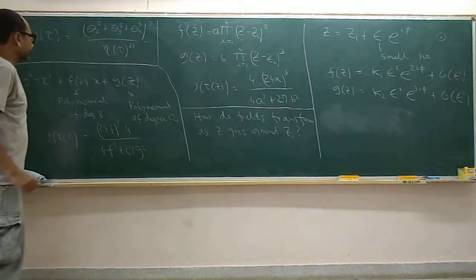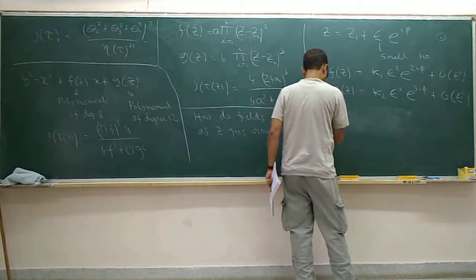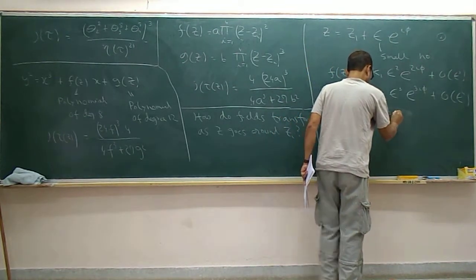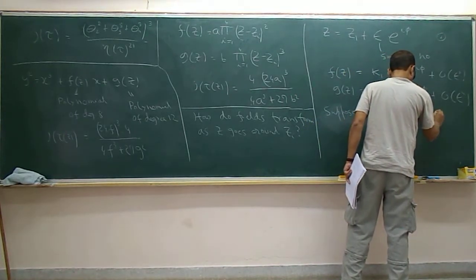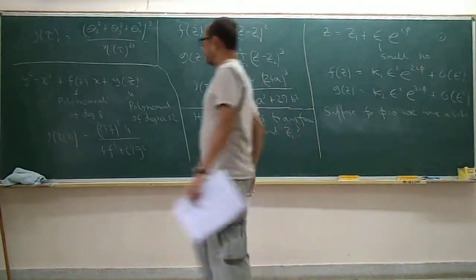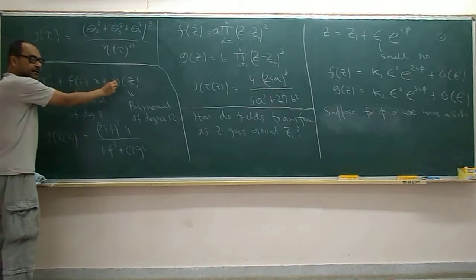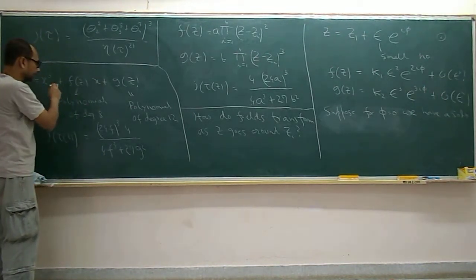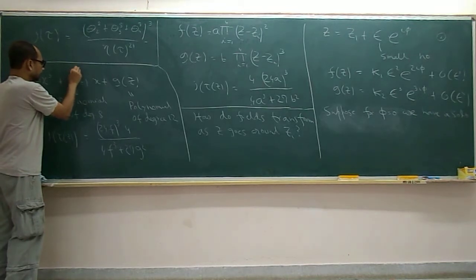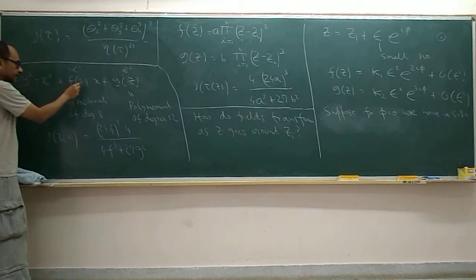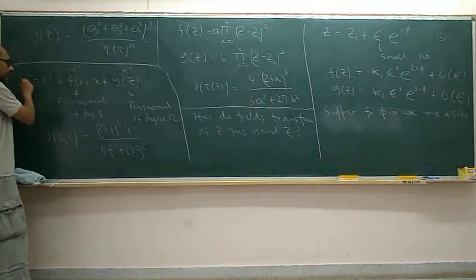Now suppose for phi equal to 0, we have a solution. From simple scaling, because this goes as epsilon squared and this goes as epsilon cubed, for this solution x will be of order epsilon and y will be of order epsilon to the 3 halves.